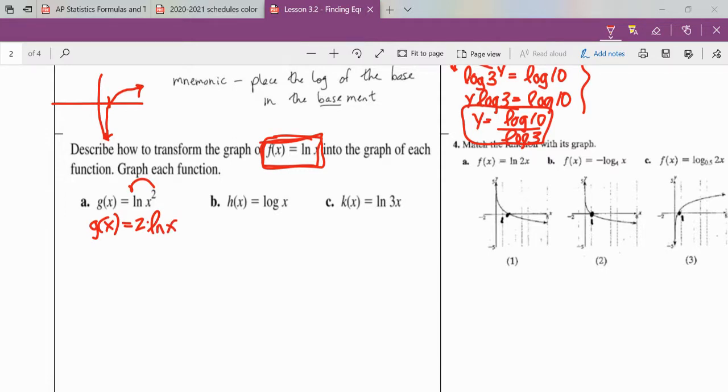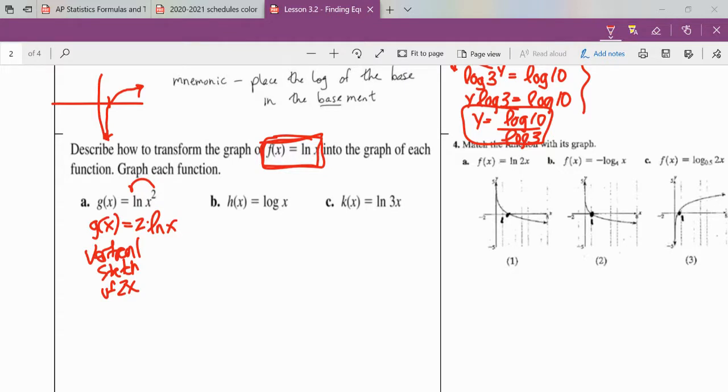And if you remember, if the number's out front, that affects whether it's vertically stretched or squished. It's away from the y value, so we do it as is. It's not inside parentheses there. So this is a vertical stretch of 2 times.